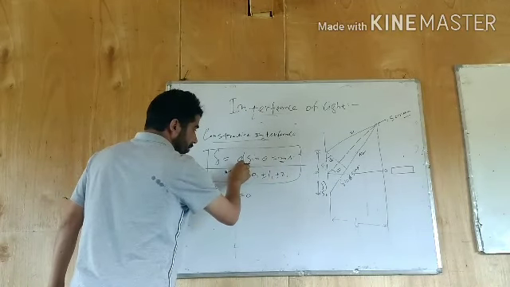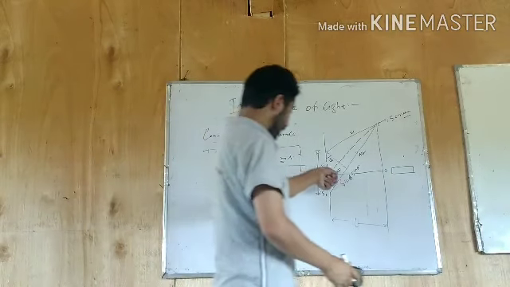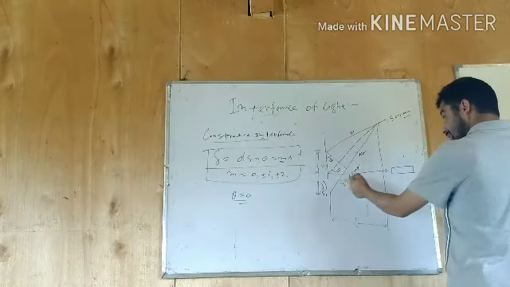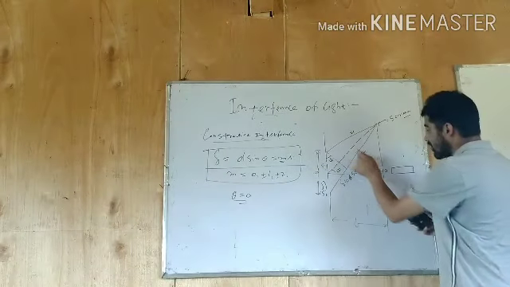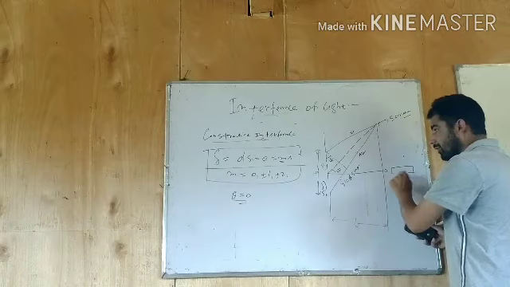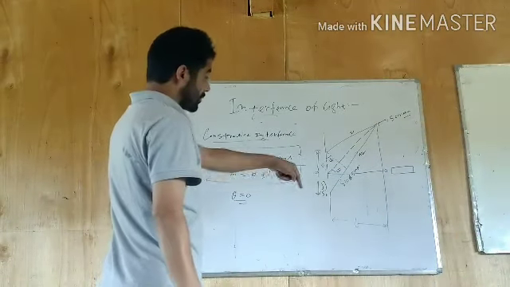If this side is 0, d is not 0, which means that theta must be 0. I told you before, this is a relative angle, and this line should really coincide with this line, so it will give us the confirmation about wherever the fringe is being observed.